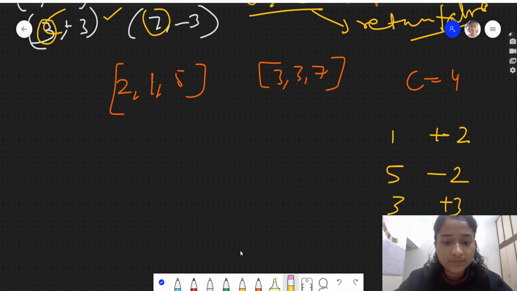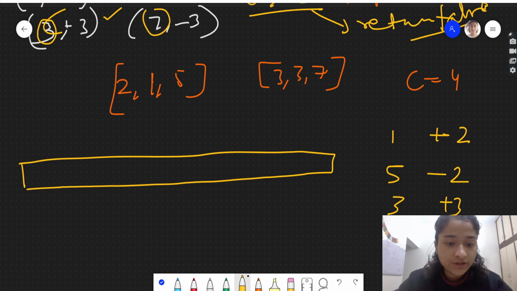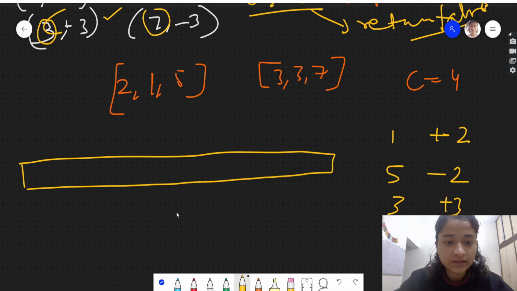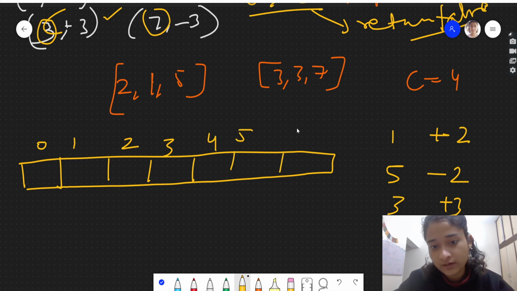What we can do is represent these kilometers in an array. If you see in the constraints, it's mentioned that the from and to will be less than or equal to 1000, meaning at max there will be 1000 kilometers it can go to, right? So we are making an array 0 1 2 3 4 5 6 and 7 kilometers.